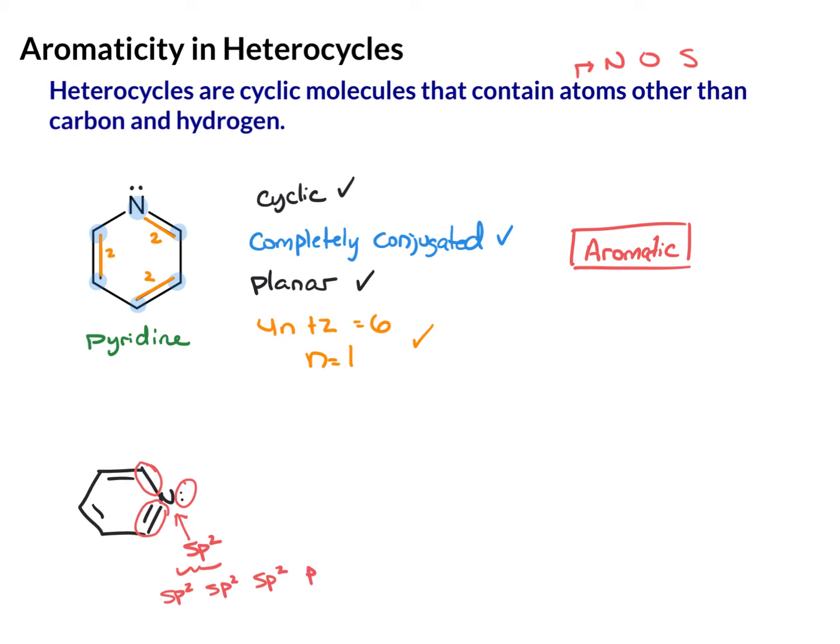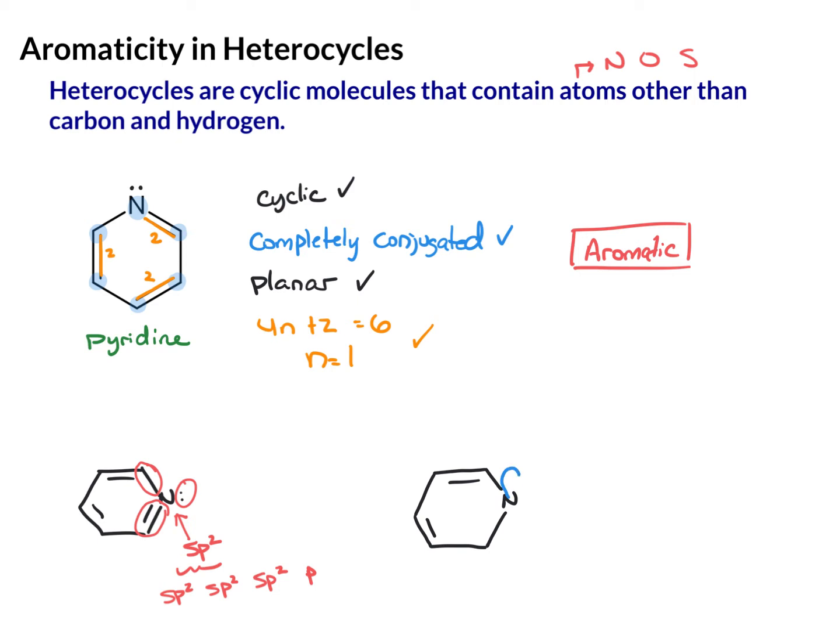So one common question that might be asked here is, in what type of orbital does a lone pair reside? Well, let's draw this out one more time. Okay, and on that nitrogen, remember that the pi bond uses the p orbitals.